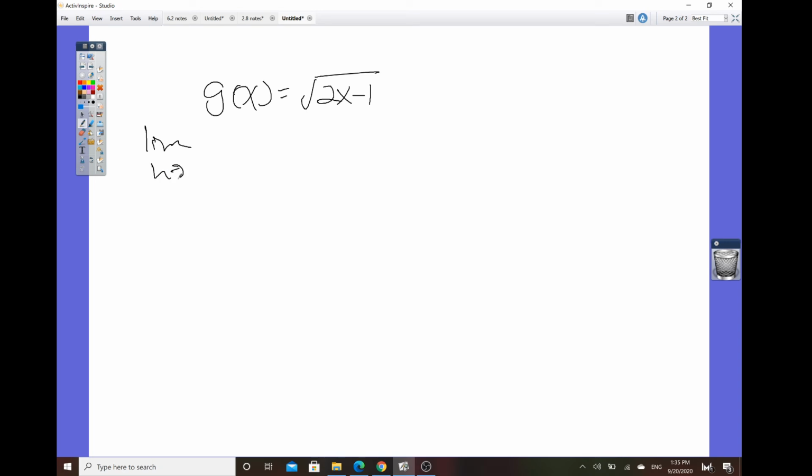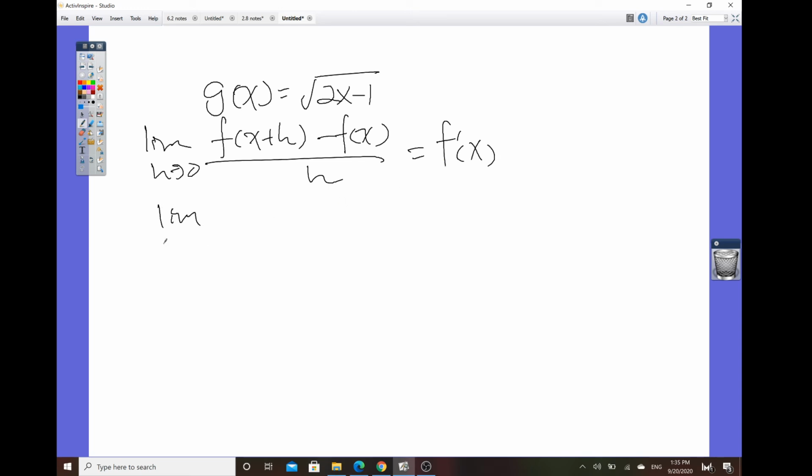So h goes to 0, f of x plus h minus f of x all over h. So we'll use that to find the first derivative. So limit h goes to 0, square root of 2 times the quantity x plus h minus 1, and then minus square root of 2x minus 1 all over h.